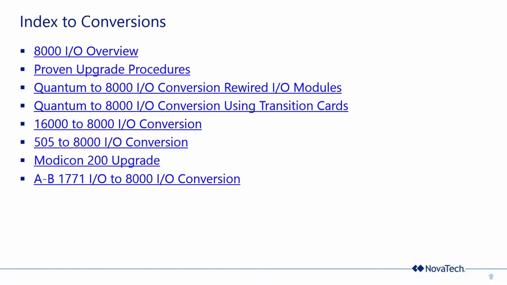But after reconsidering, I think it's important to go through the procedures before we go into the technology and the methods. I'm going to cover two different methods of converting quantum I/O to 8000. We're going to then talk about 16,000 to 8,000. So quantum and 16,000 we'll cover in more detail. The last three items, 505, Modicon 200, and Allen Bradley 1771 I/O, will cover more quickly and briefly.